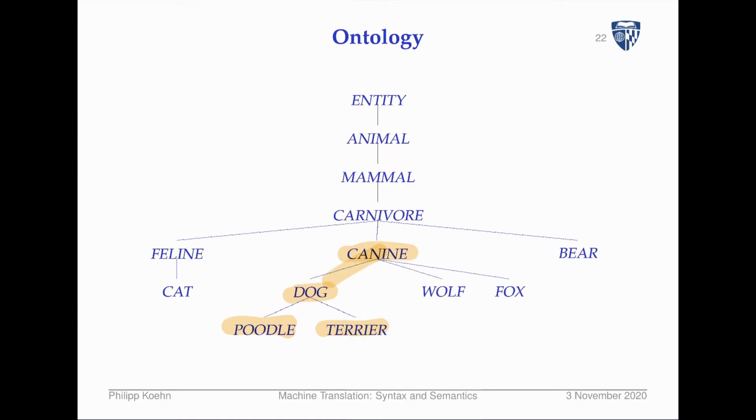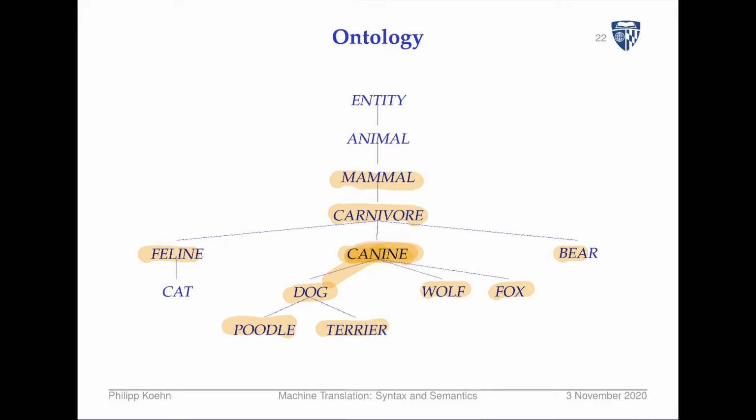If you're talking about animals, you're using terminology from biology: canine, which also includes wolves and foxes, and then carnivore, which also includes completely different animals like feline and bear.